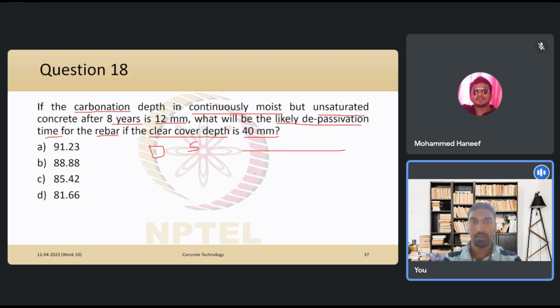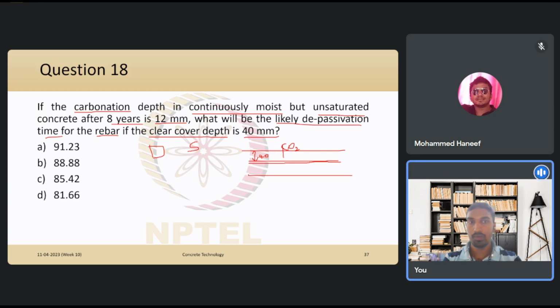So we have our concrete system, and we have some rebar within that. Let us say this is it. What is the clear cover depth? It is from the outer edge of the rebar to the top surface. This is totally 40 mm in our problem. The carbonation will start from the top surface because this is exposed to the environment, and with time, as we saw in one carbonation model, it will slowly start penetrating in.